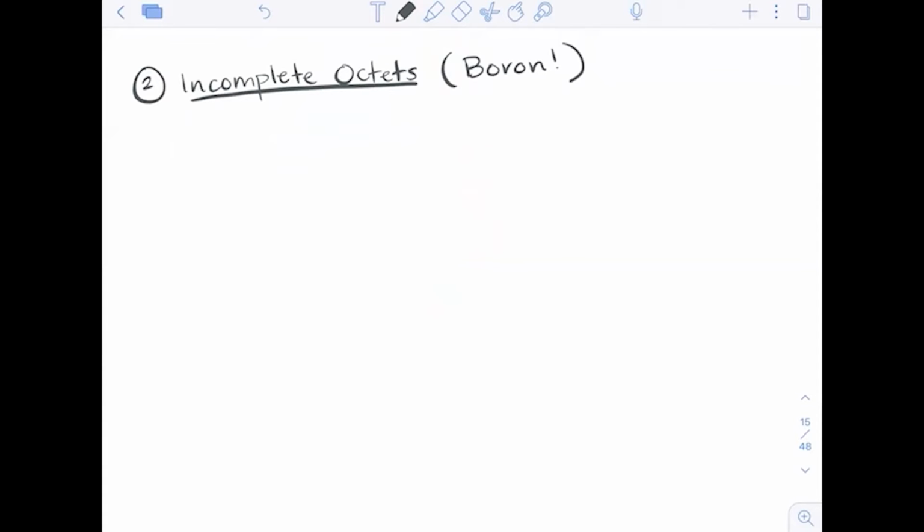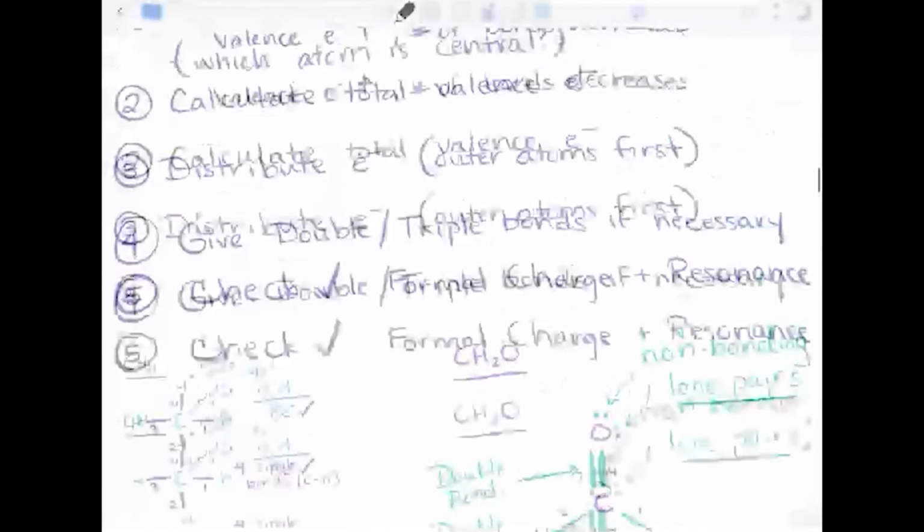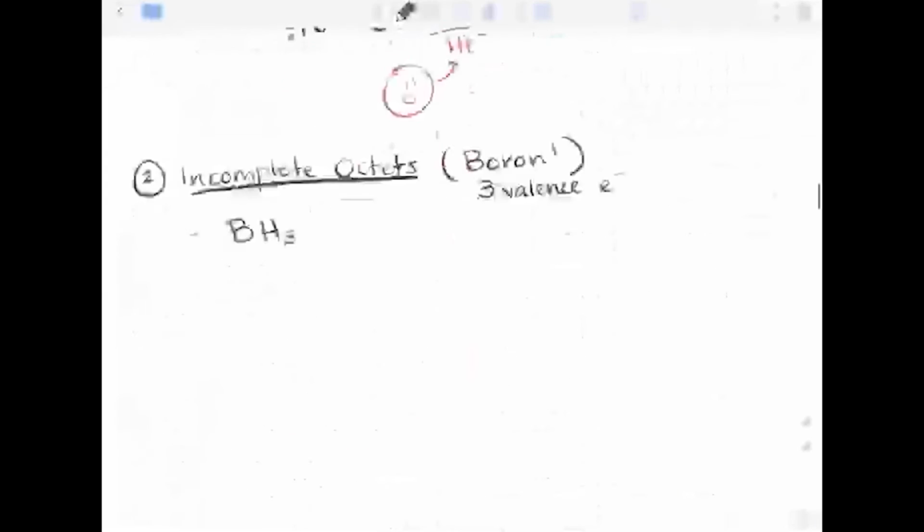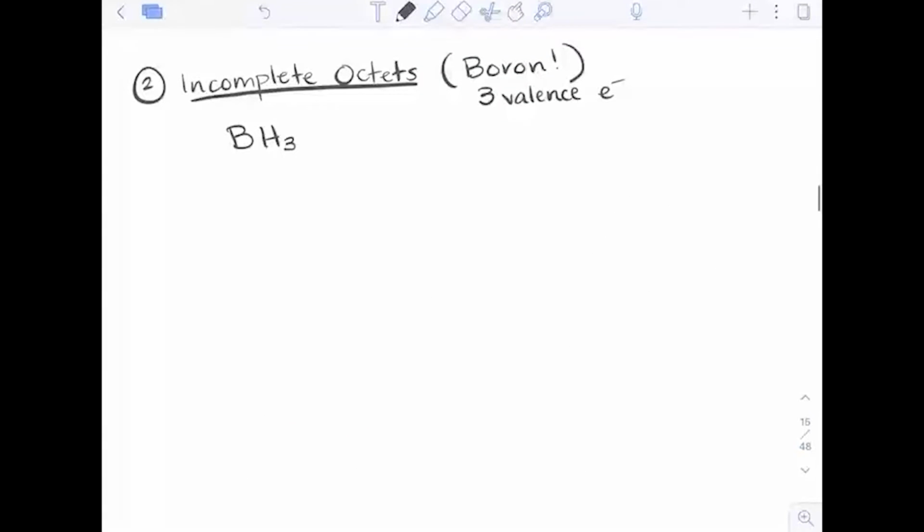Boron is our classic example of an incomplete octet because he only has 3 valence electrons. Now we'll see that it follows Lewis theory. We can draw a structure. It's just an exception to our octet rule that we said way up here. We want to distribute electrons to give an octet. Well, we don't need to for boron.